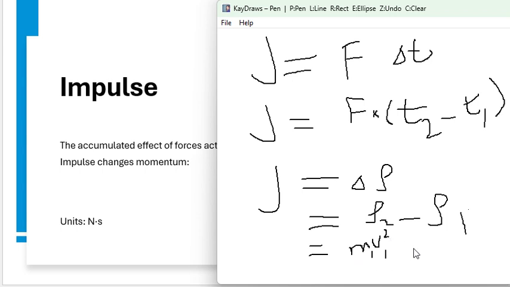Here, mass and velocity. I made a mistake here actually, this is supposed to be 2. It's so hard to draw with this little cursor. So this is initial, and this is your final. Then you will get your impulse.